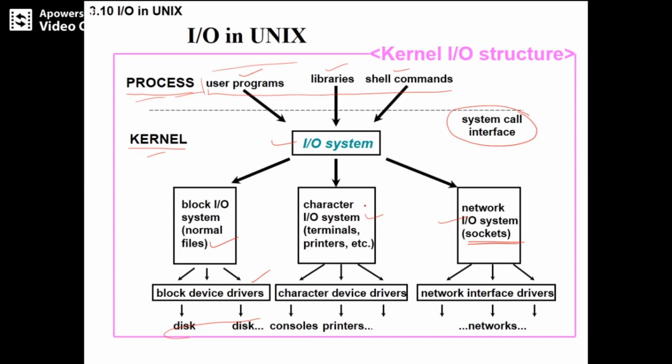If it is about the character IO system, then the character device drivers are going to take the job and send it to either consoles or printers, whatever. That means it is related to hardware. If it is related to software and you want to store it on disk, the block device drivers take over the job. If it is related to hardware, the character device drivers take over the job.